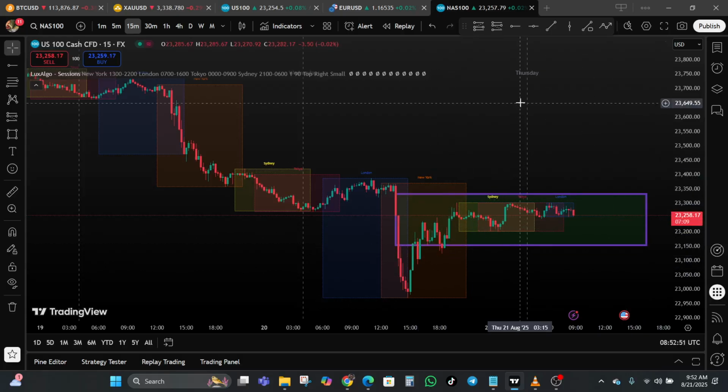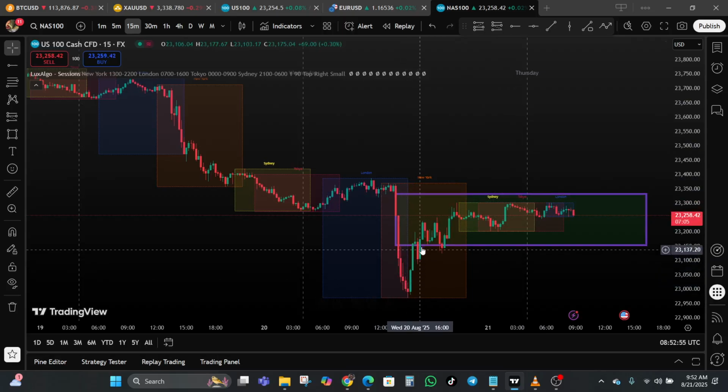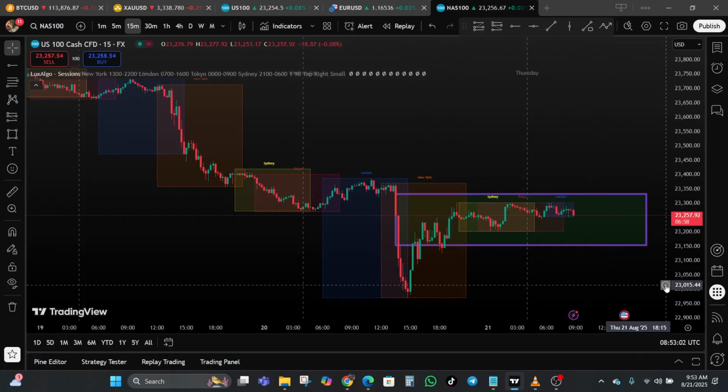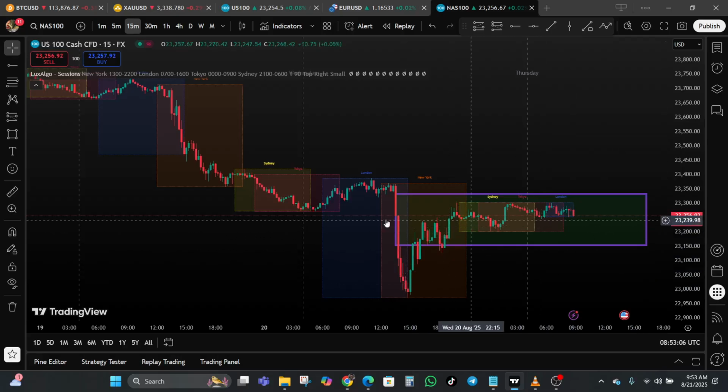If it was a bullish push, right? But in this case, it was a bearish push. So you can see, just expect price to come back and test this area before continuing in the bearish direction. So these act as magnets and provide high probability entry points.